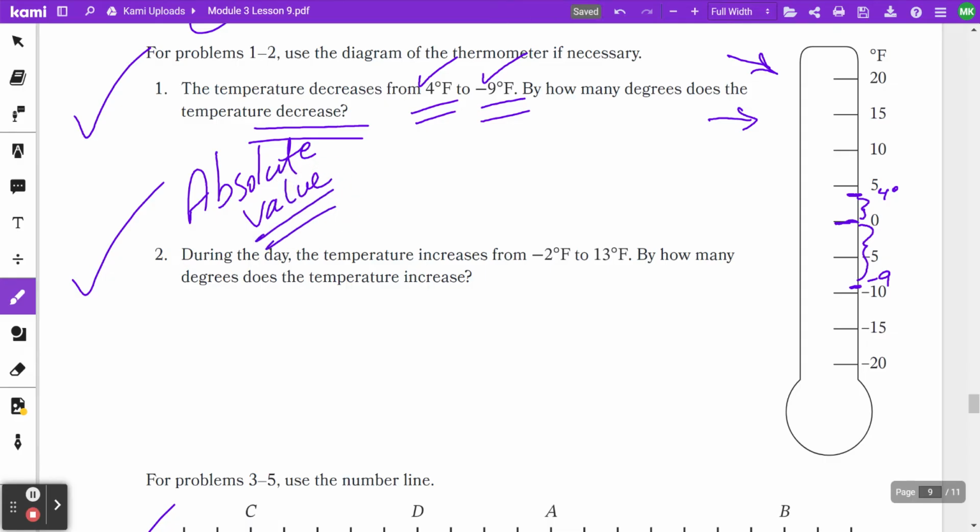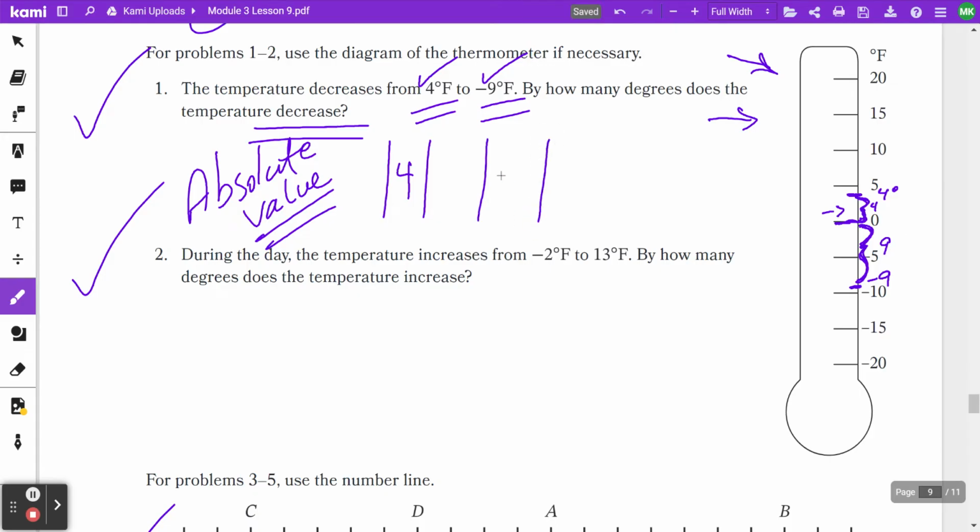What is the absolute value of 4? What is that distance between 4 and 0? Clearly that's a distance of 4. And we're going to take the distance from 0 to that negative 9, and that's clearly 9 as well.